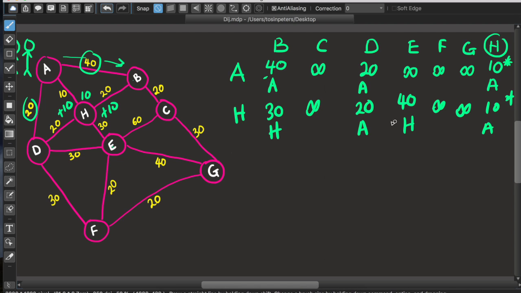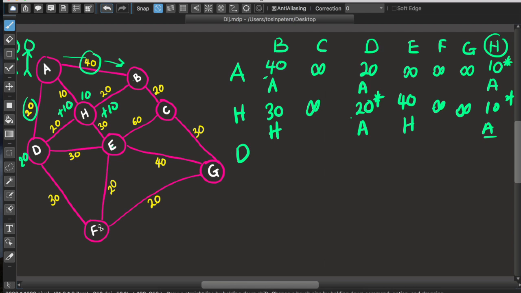on its own. And now the next smallest value that we have, which we've already done, is D. So we're going to bring D down here and put an asterisk there saying this is what we picked next. So from D, note that D is 20, so I'm just going to keep a 20 here.